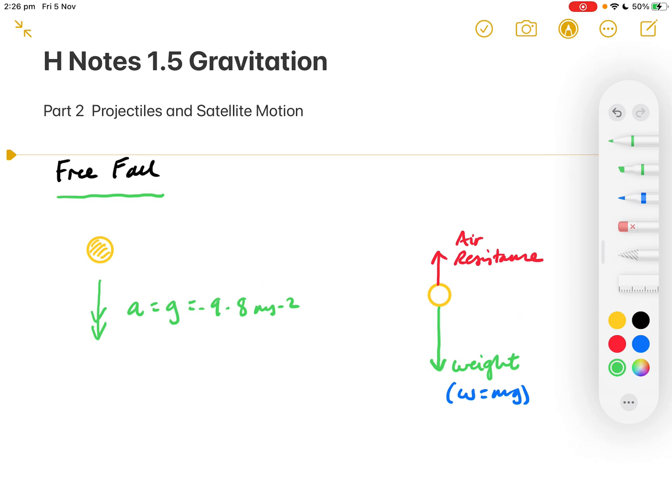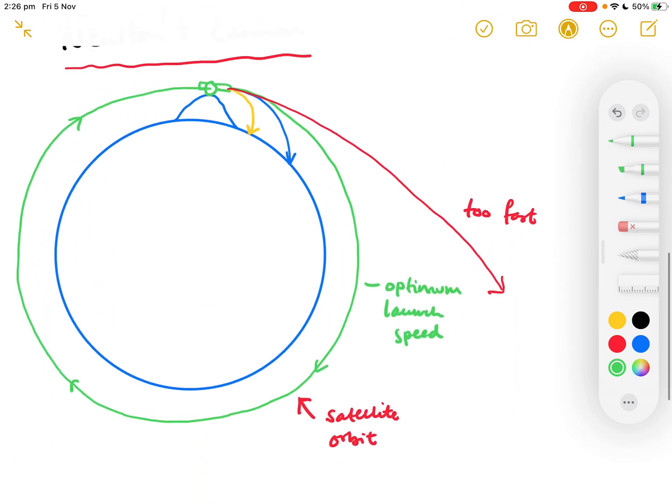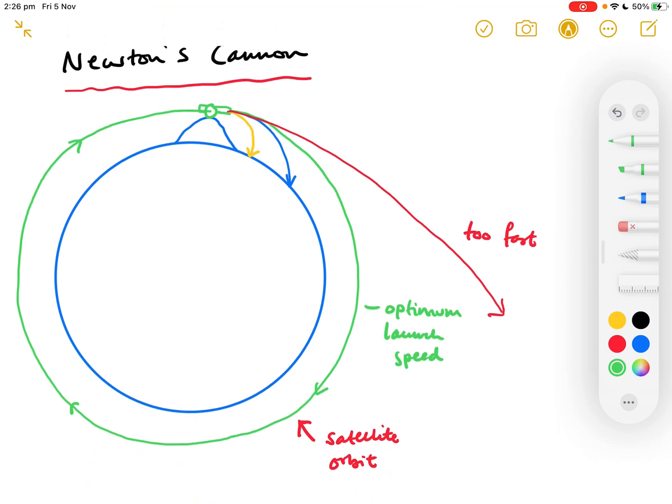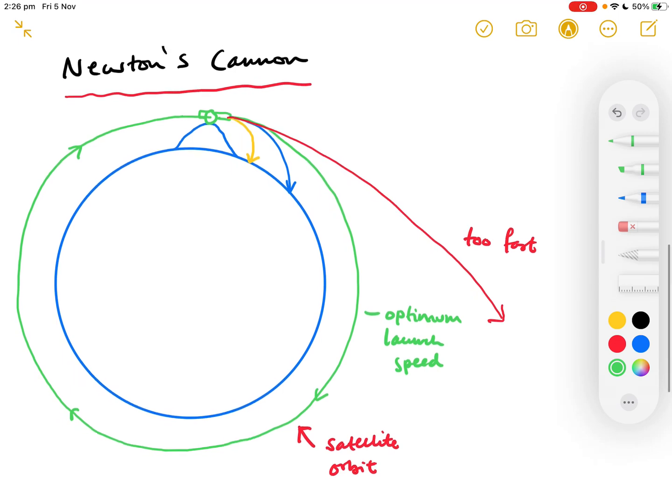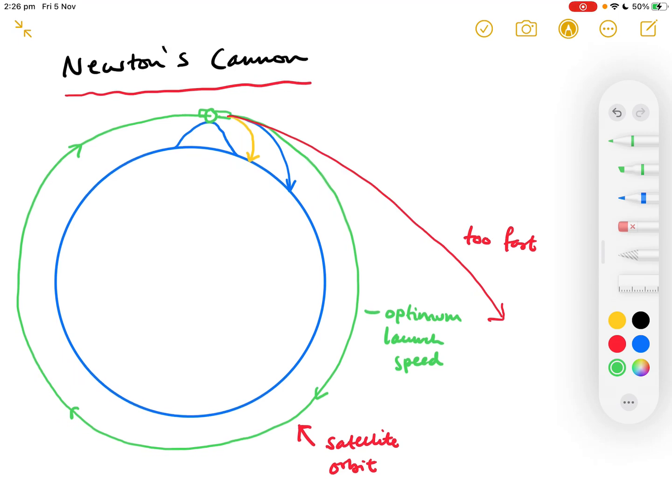It is falling to Earth at g, just the same as a freely falling body is falling. One way perhaps to think about it is that every time it falls down a meter, the Earth also curves away by a meter, and therefore it remains at the same height above the Earth. That's one way of perhaps getting it in your head. Okay, that brings us to the end of this note on projectiles and satellites.